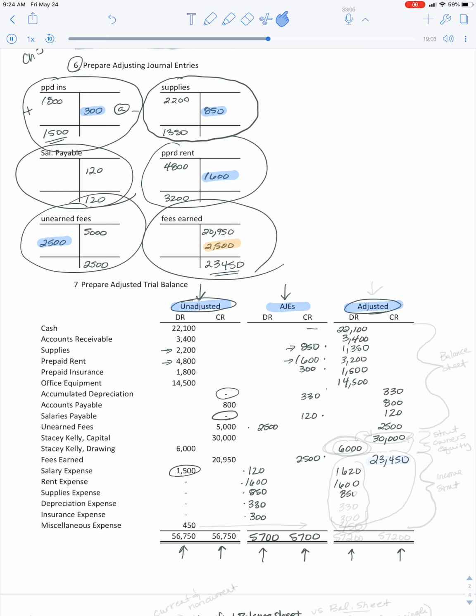So then we should be able to add all our debits and all our credits up, and they should balance on both sides. And they do. If you get to this point and you don't balance, then you probably either added the adjusting entry wrong, maybe on either the wrong debit or credit side, or maybe you missed one. So go back and check.